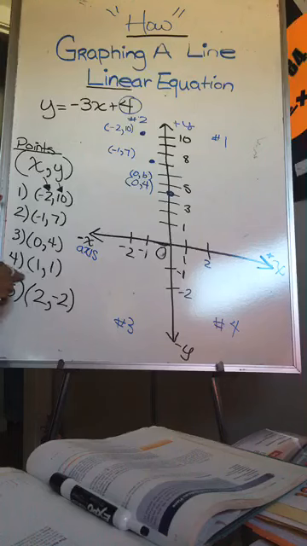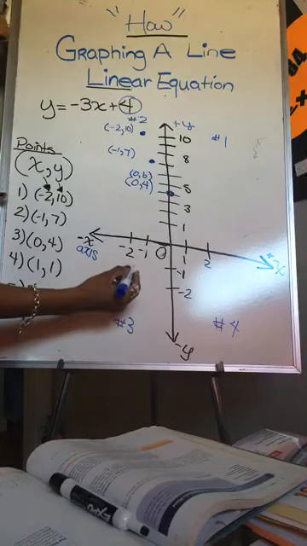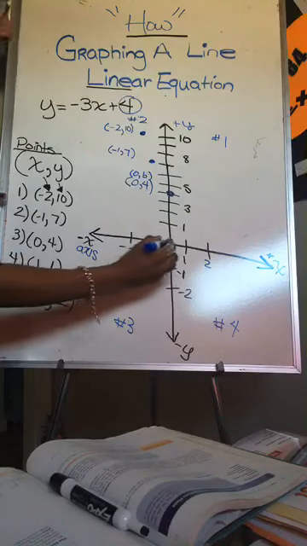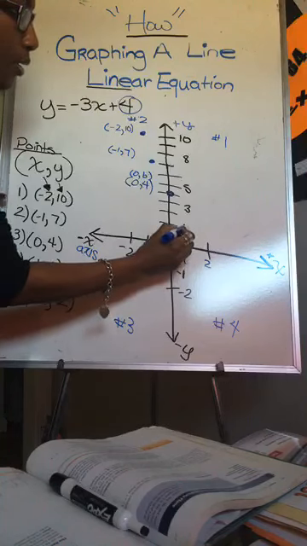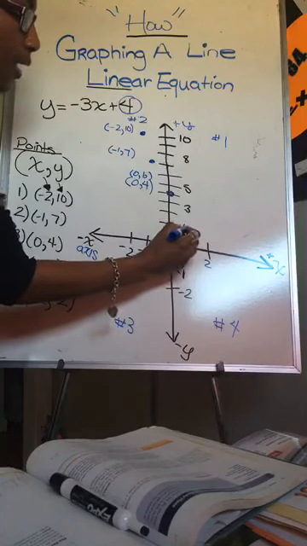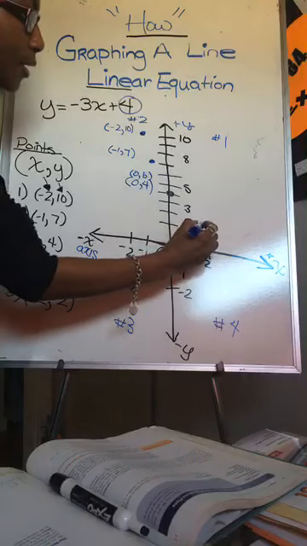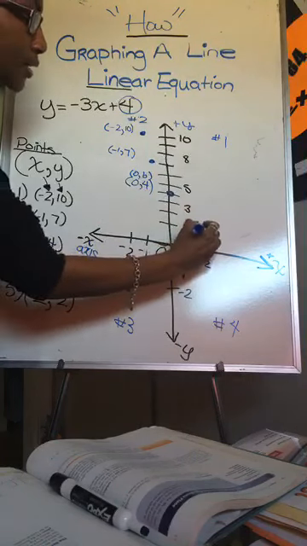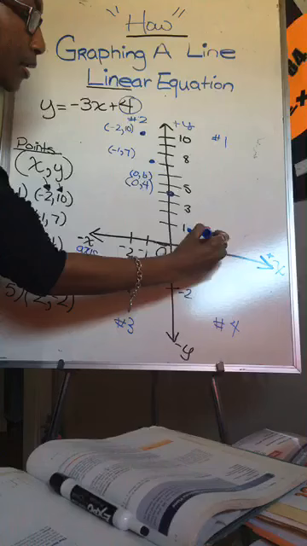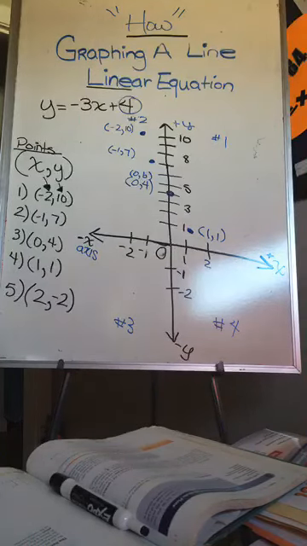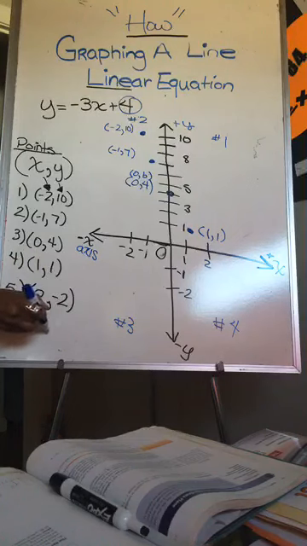All right, so let's go to point 4. Point 4 is we're going to go over 1 and up 1. Over 1, up 1. All right. Do you see this line developing? We're creating a line. It's looking good. 1, comma 1. Okay, our last point is positive 2 on the x-axis, and then we're going down to negative 2.